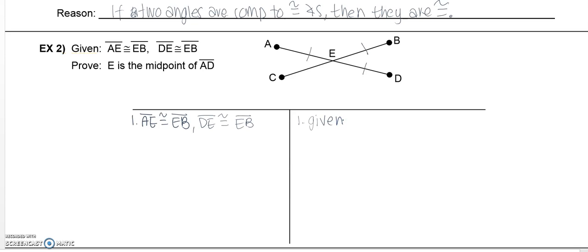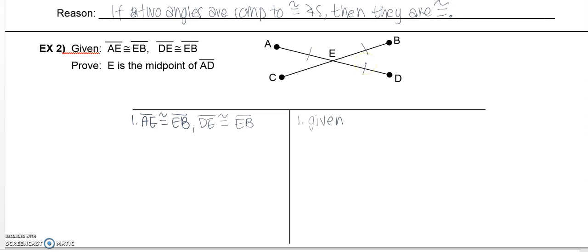I'm going to use one tick mark because I know that EB has that same measure as well, and that is given. From that statement, I can say quite a few different things, but what I want to get to is that E is the midpoint of AD. If a point is a midpoint, then it divides that segment into two congruent segments. I'm going to need the converse of this because I have a point dividing the segment into two congruent segments.